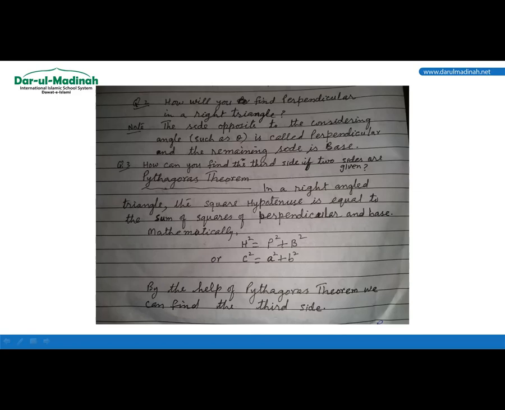Similarly, if you have to find perpendicular, you can put the value of hypotenuse and base and find perpendicular. So it means that by the help of Pythagoras theorem we can find the third side if two sides are given.